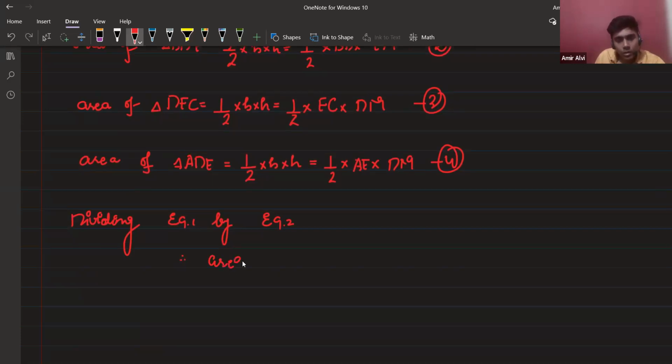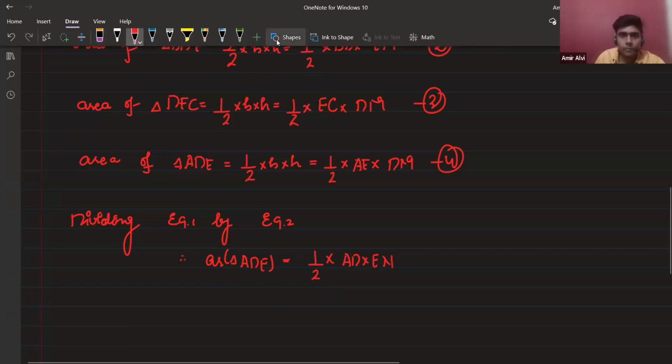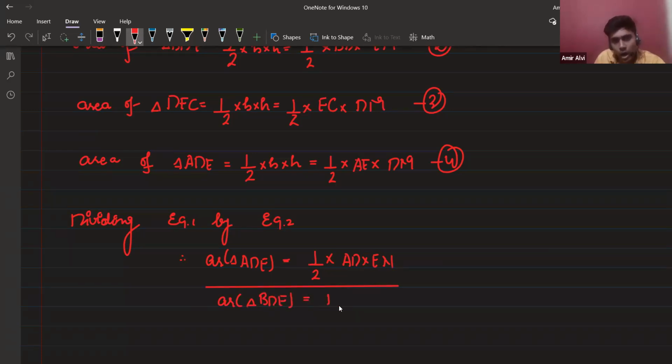Area of triangle ADE is equal to half into AD into EN upon area of BDE is equal to half into BD into EN.